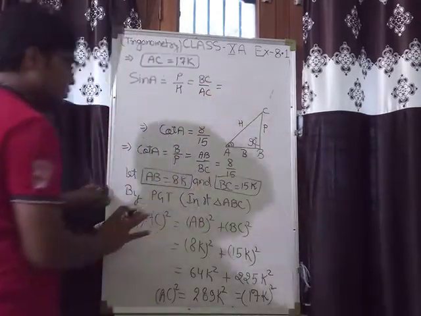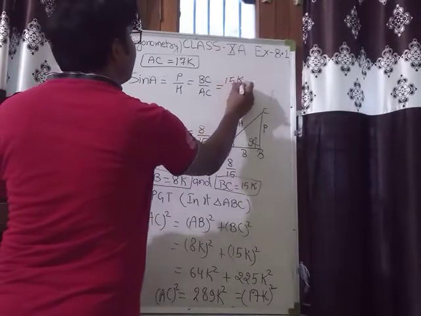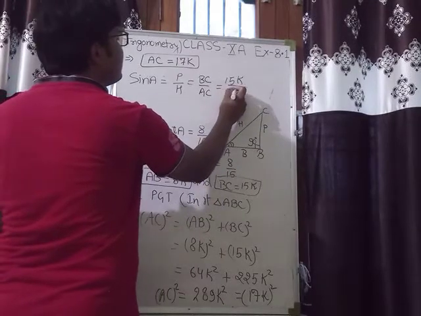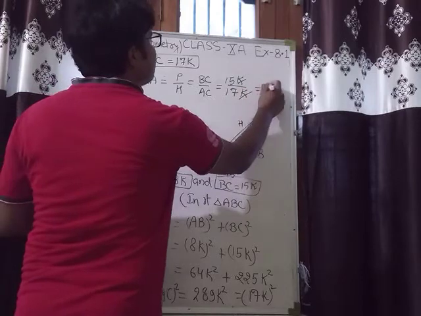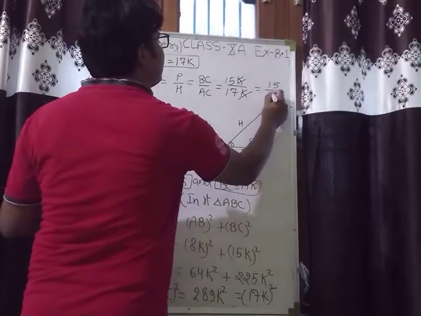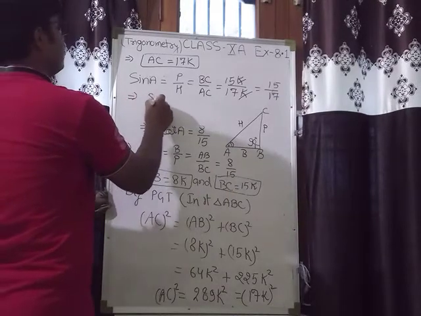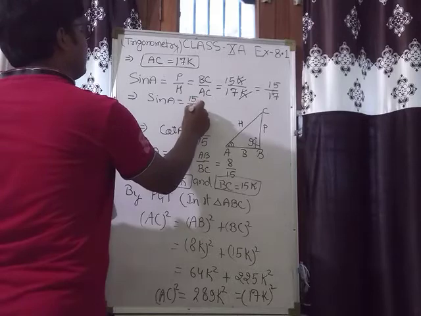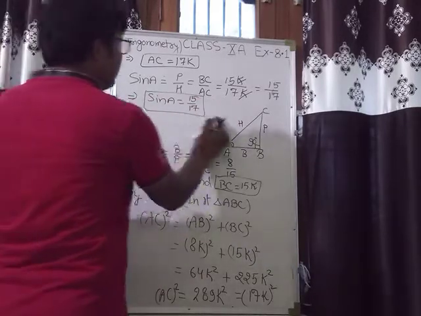So BC is 15K upon AC is 17K. K and K will be cancelled. That will be 15 upon 17. That is sin A.